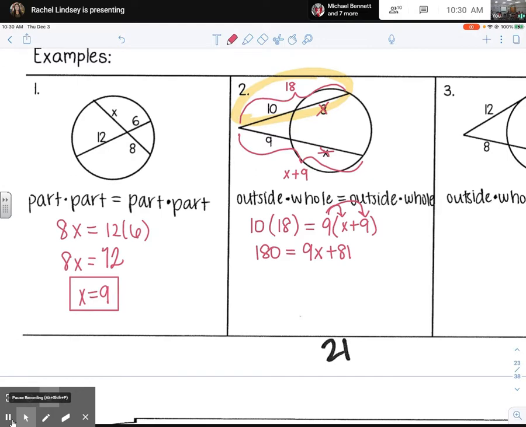What do I need to do to both sides? Subtract 81. What's 180 minus 81? 99 equals 9x. And x would equal 11.